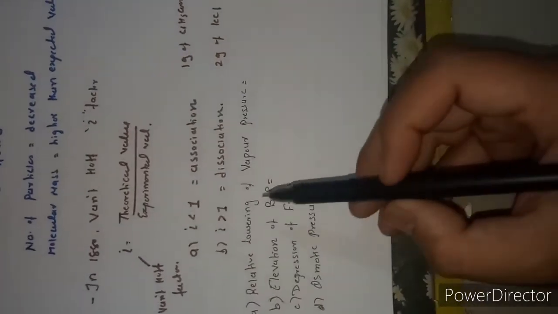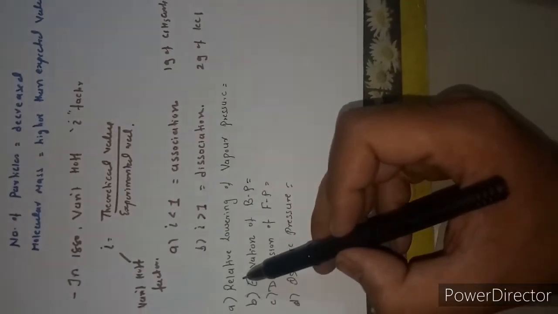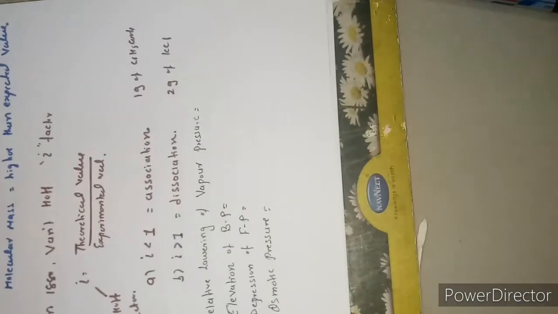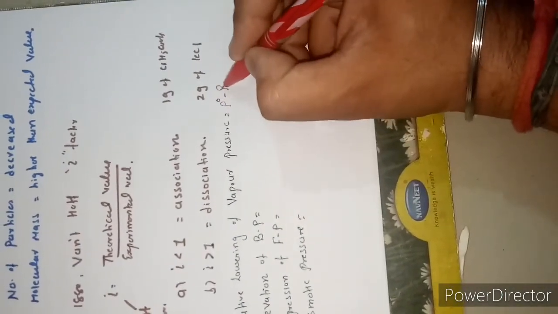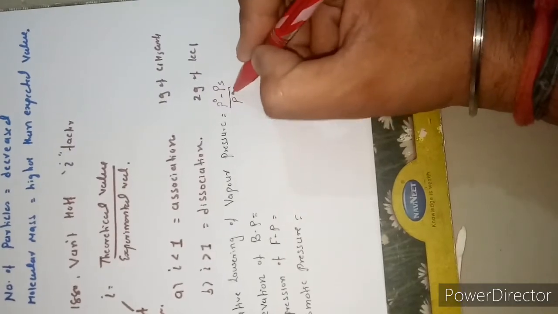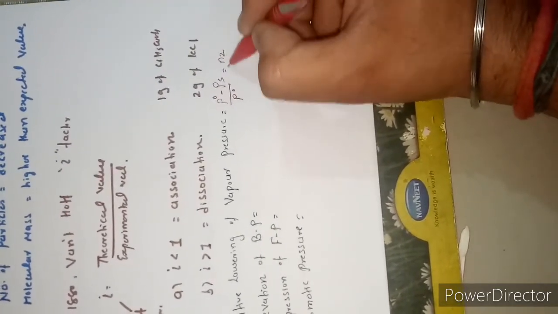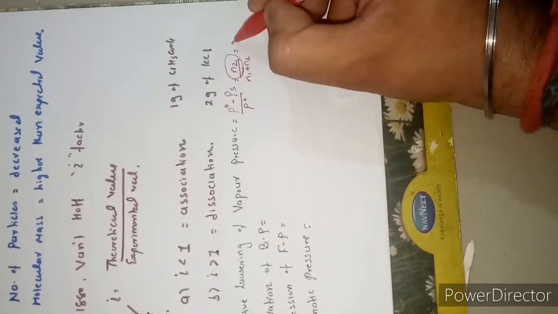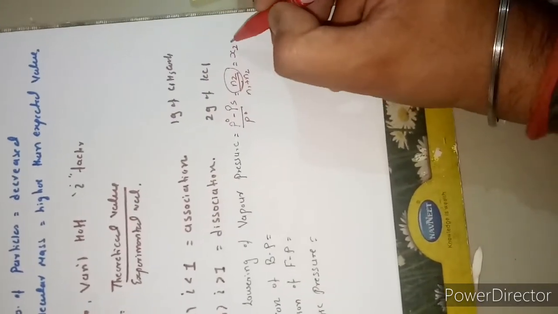Now let us see how the Van 't Hoff factor has been modified in the 4 colligative properties. Number 1, relative lowering of vapor pressure equals (P0 minus Ps) upon P0, as we know, which was N2 upon N1 plus N2, that is X2, the mole fraction, multiplied with i.